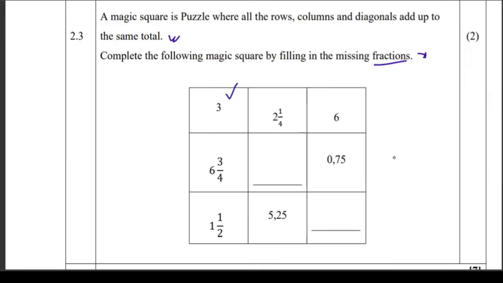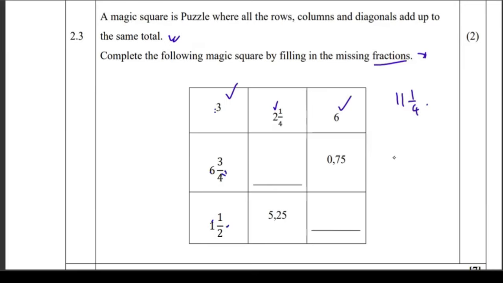Meaning that if we have 3 plus 6, that's going to be 9. 9 plus 2 quarters, which is going to be 11 and a quarter. And then looking at this, 3 and 6 is going to be 9 plus 1, that is 10. And then we're also going to have 11 and a quarter because of these two.